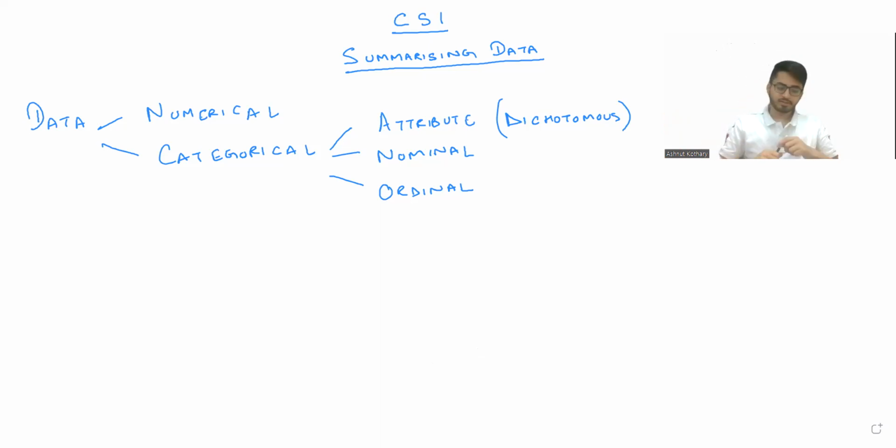So under representation of data, there are several ways to do it. It's not an exhaustive list. Again, as part of our syllabus, we would be covering the major parts. The first one, the simplest one, is frequency distribution table.